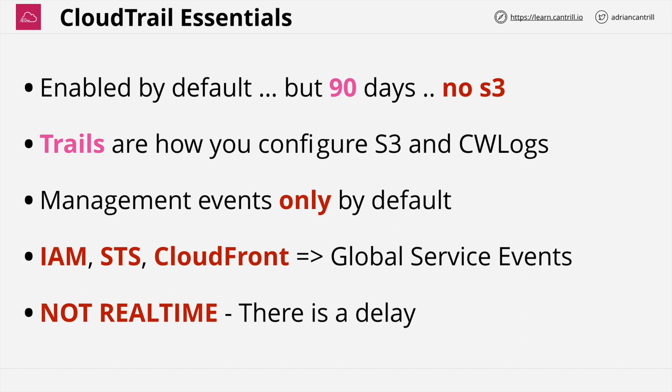You can't trust that logging into CloudTrail will give you a complete, exhaustive list of events that have happened up to the very point that you're looking. Sometimes it does take a few minutes for that data to arrive in S3 or in CloudWatch Logs. So keep that in mind. If you face any exam questions which talk about real-time logging, CloudTrail is not the product.